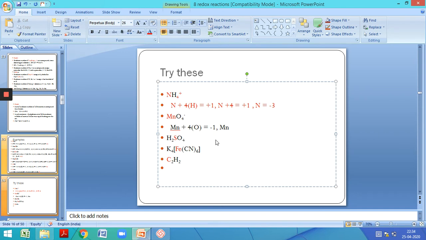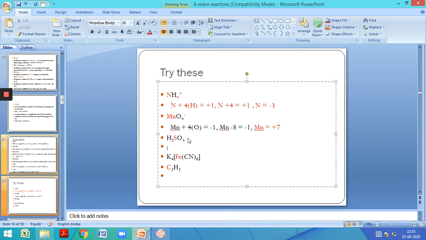So Mn plus 4 into minus 2, as the oxidation number of each oxygen is minus 2, so Mn minus 8 is equal to minus 1. Therefore, manganese has an oxidation number of plus 7 in MnO4 minus, the permanganate ion.